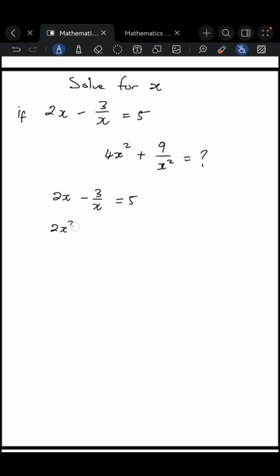Therefore, 2x squared minus 3 is equal to 5x. We multiply everything by x. 2x squared minus 5x minus 3 is equal to 0. Right? Where 2 times 1, 3 times 1, right?